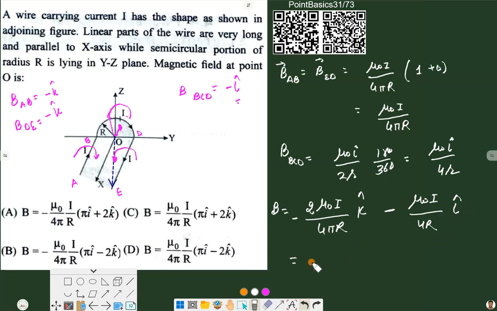So for the total field, if we take negative common and mu naught I by 4 pi R common, it will be twice of k, and since negative is taken common, we have plus here, and pi is also taken common, so we will have pi of i. So that is our option A. Option A will be the right answer here.